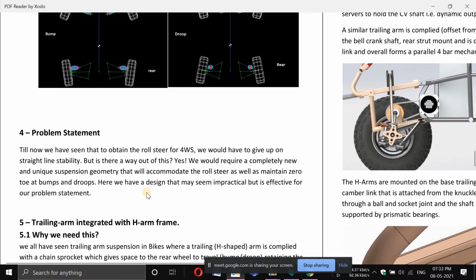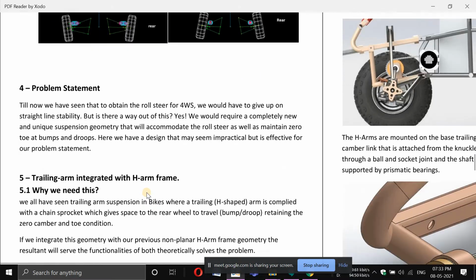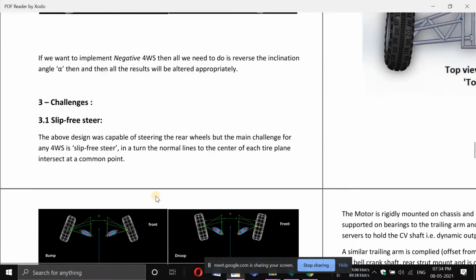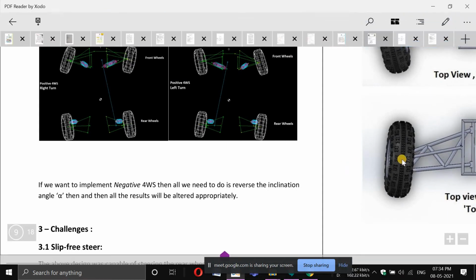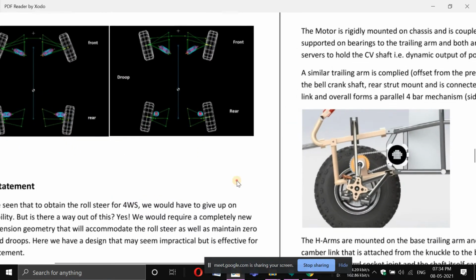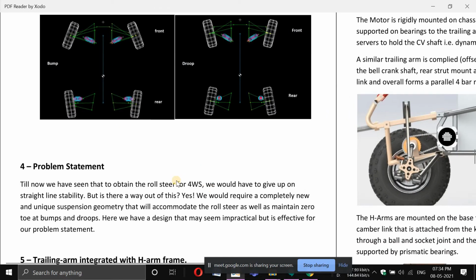So after a huge amount of brainstorming and consultations with my seniors about what I should do to overcome this, I have been working on this, and this was the main thing which I did: the integration of trailing arm suspension with H-arm frame. H-arm suspension is the basic one, which is this design, and trailing arm suspensions are those we use in bikes, where one frame trails up and down.